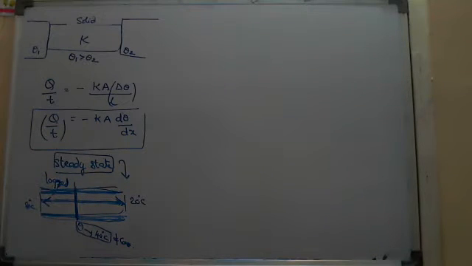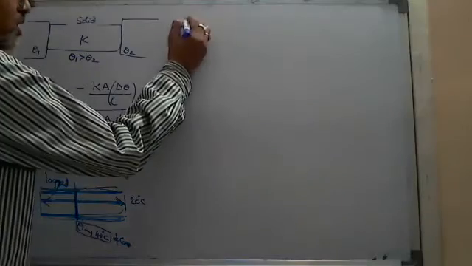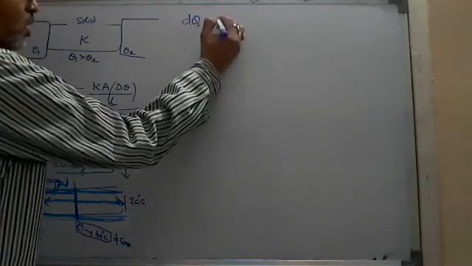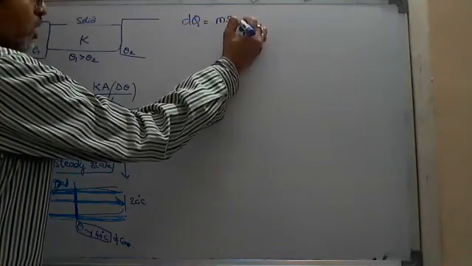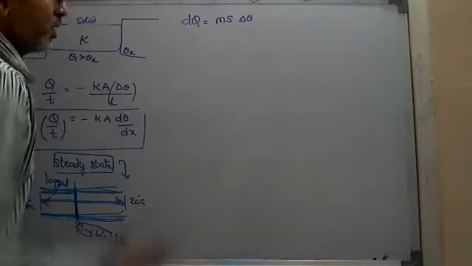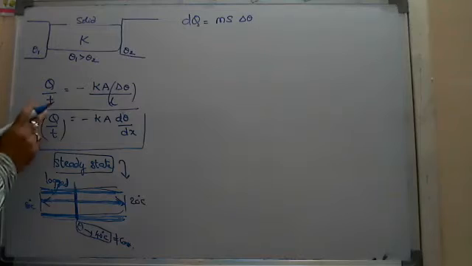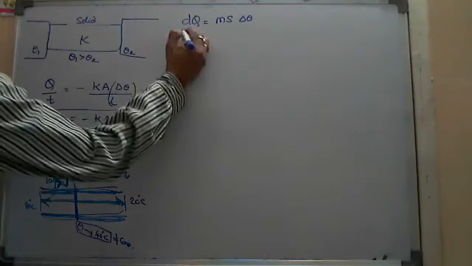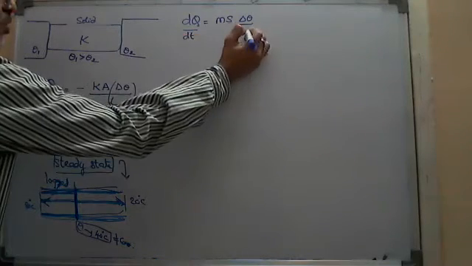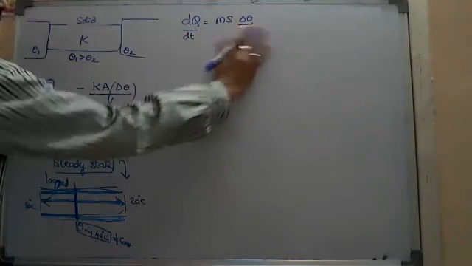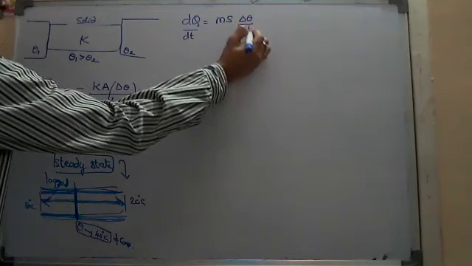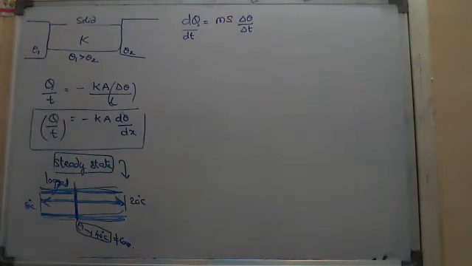That amount of heat absorbed, I think you know from thermodynamics, is m s into delta T. We write delta theta, temperature. So the amount of heat transferred per second is delta theta by delta t, or d theta by dt I have to write.